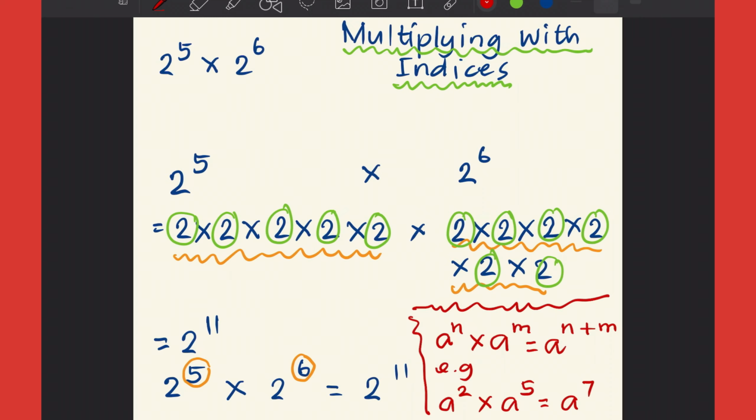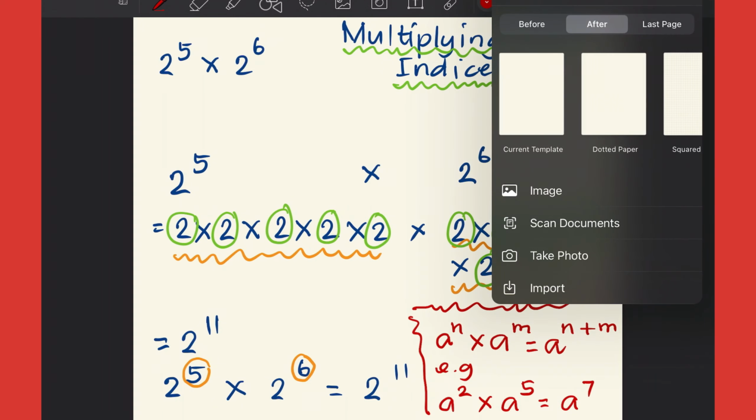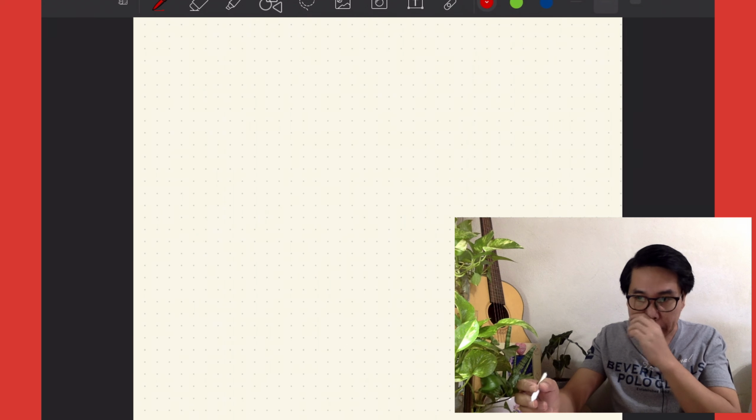Okay, what about when we are dividing with indices, not integers?